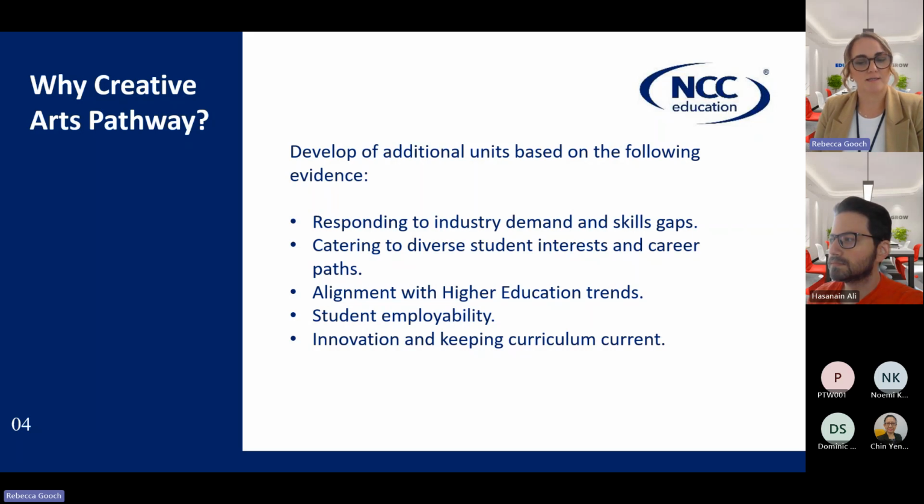I think we recognise our Level 3 IFD caters for many different pathways and many different progressions to undergraduate courses. So we want to add to this to create a richer progression pathway into different career sectors. Alignment with higher education trends as well.